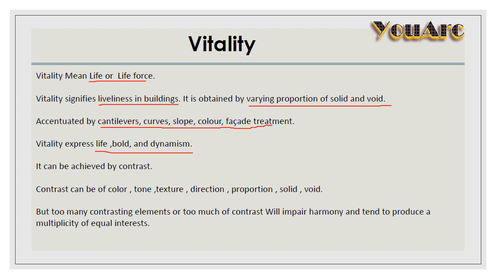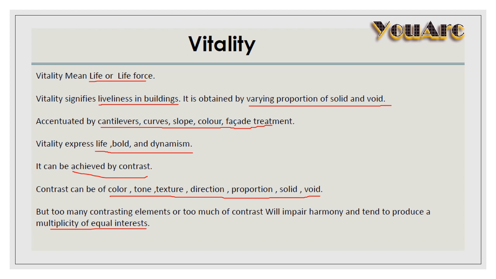So it is achieved by contrast also, maybe contrast by color, tone, texture, proportion, solid or void like that. Too many contrasting elements will impair harmony and tend to produce a multiplicity of equal interest as well. So this is called vitality.